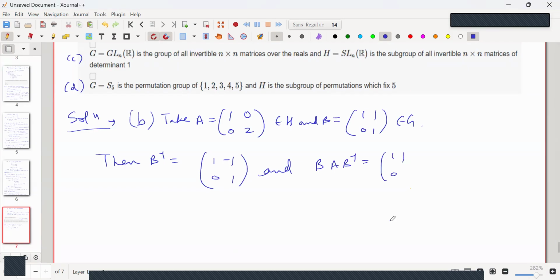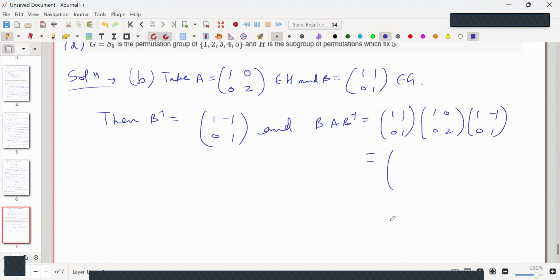This is [[1,1],[0,1]], [[1,0],[0,2]], and [[1,-1],[0,1]]. So I need to calculate this. The first column will come as it is, and the last row will come as it is. Only this entry will change, right? Yes, sir.